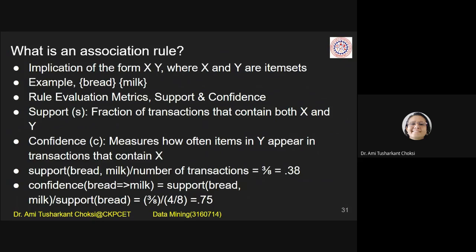The rule evaluation metrics are support and confidence. Support is the fraction of transactions that contain both X and Y, and confidence measures how often items in Y appear in transactions that contain X.